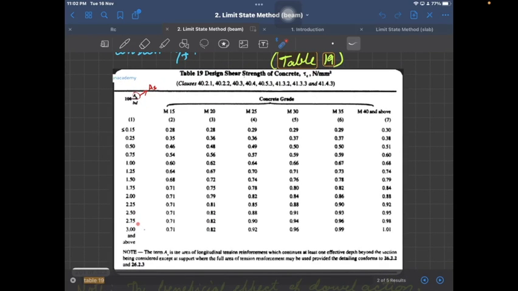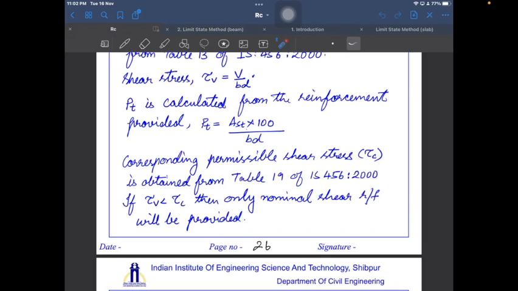From this table, use your PT value and your grade of concrete value, and get the tau C value, the design shear strength of concrete, tau C. You do linear interpolation, that is obvious.